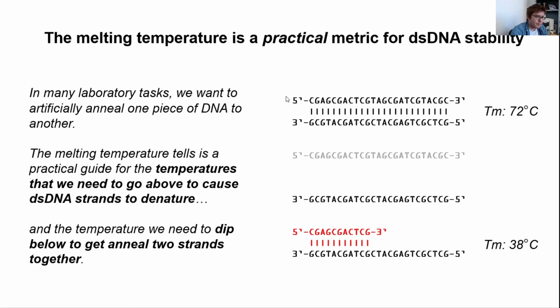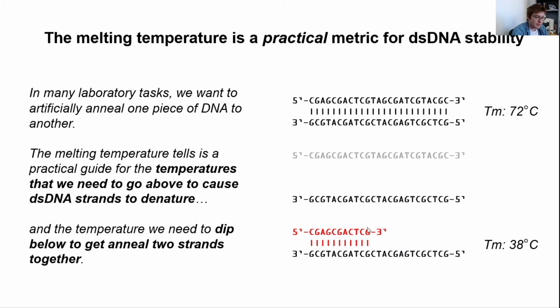And so, for example, if we were in the laboratory and what we wanted to do was anneal this red sequence to this black sequence here, which was already annealed to another fragment here, if we calculated the melting temperature of this to be 72 degrees, then we would know that if we brought the temperature of this up to 72 degrees, these strands would start to fall apart.